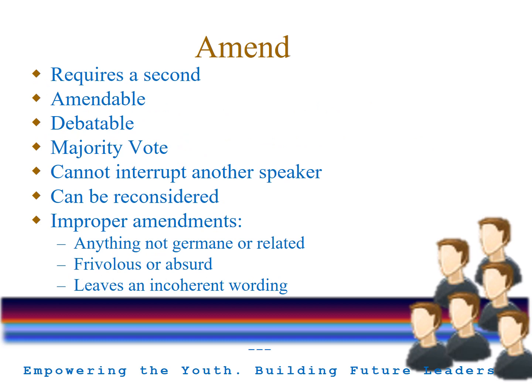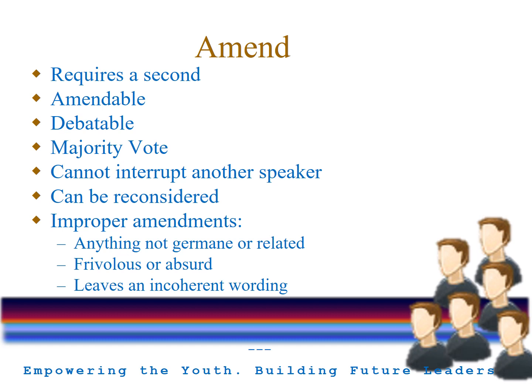Amendments require a second. Amendments are also amendable until the second level. That's why we have amendment of the amendment. Amendments are debatable, of course. They need a majority vote. Amendments can also be reconsidered, and they cannot interrupt another speaker.